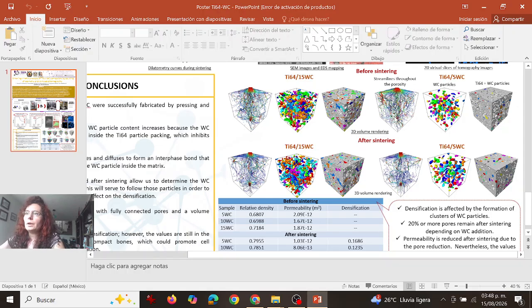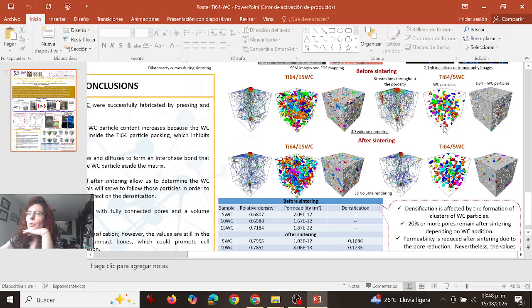In this type of 3D rendering, what we represented is the streamlines throughout the porosity. What we can see is that the porosity is interconnected, so it permits flow, like if we simulate a flow through this porosity, we obtain this type of simulation. Okay.